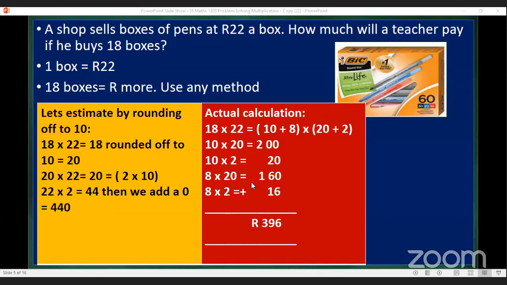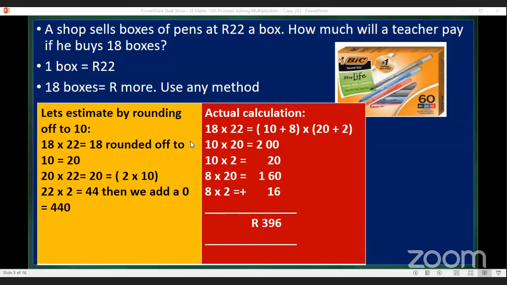Then you put the 10. And the last one is you times 8 with 2, and that will equal 16.